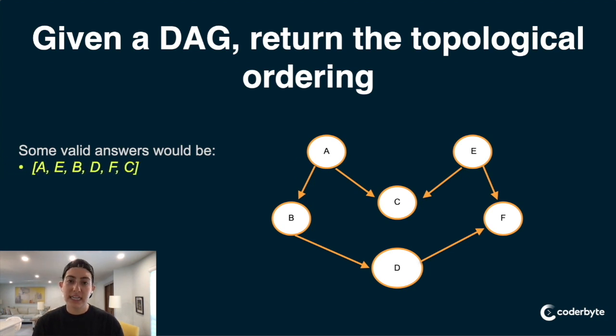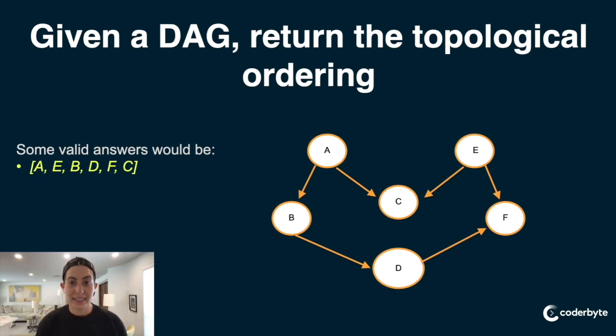So for this question, some valid answers would be A, E, B, D, F, C. And let's go over why that is a valid ordering. So we see here, if we go through these nodes, I'm just going to draw directions to the nodes that they have as their adjacencies. So let's start with A. A has an adjacency B, right? So we see that like that, and it has an adjacency C. So let's draw that like so.